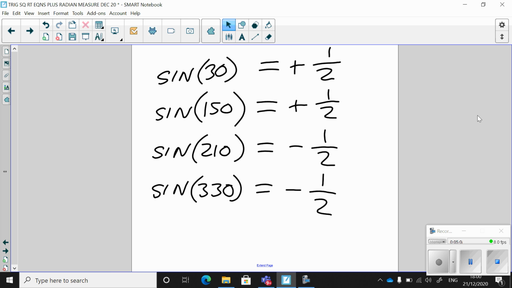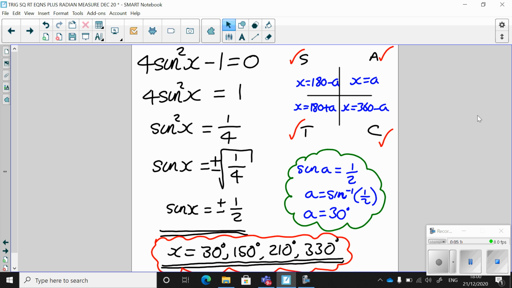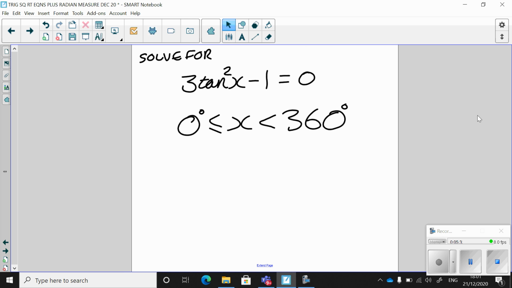So you should always do that at the end, just to confirm that what you've done is right. So that's what you should have on your bit of paper, because you don't have the magic board in front of you. Right, okay. I'm happy with that. Right, let's go for another one.